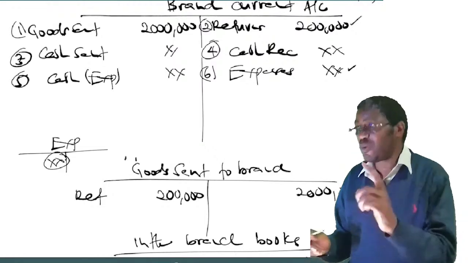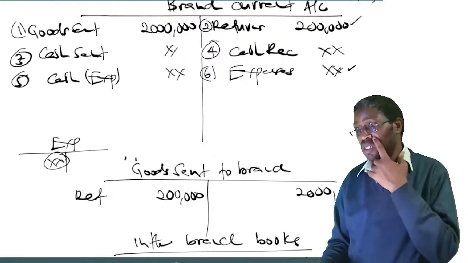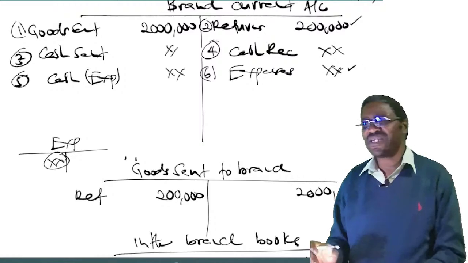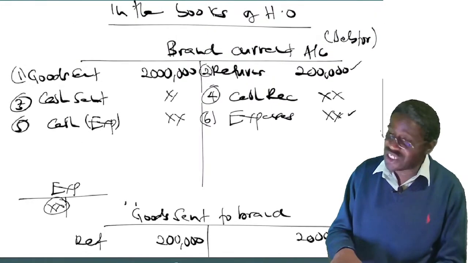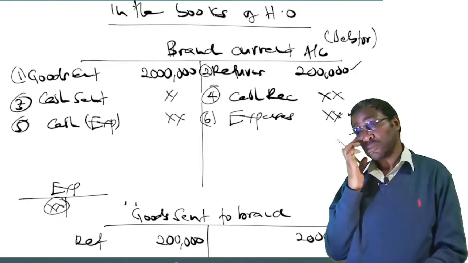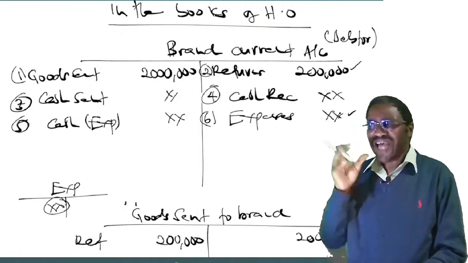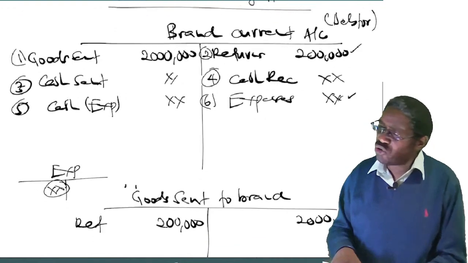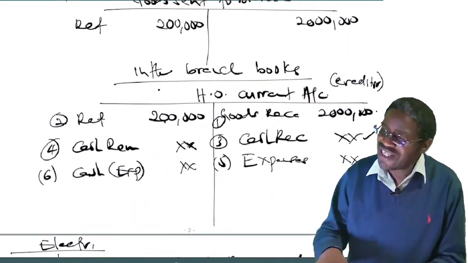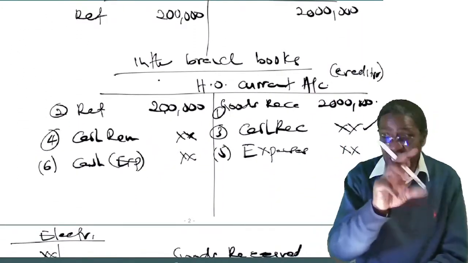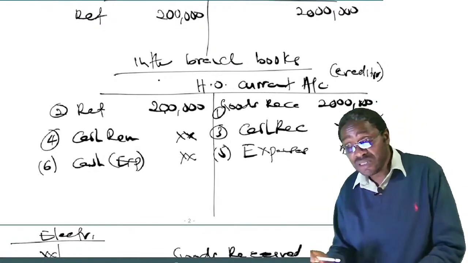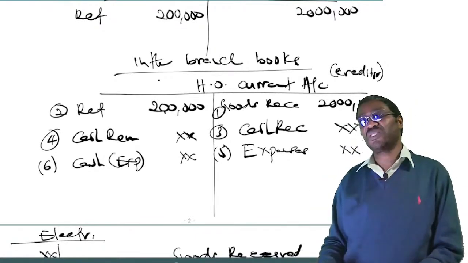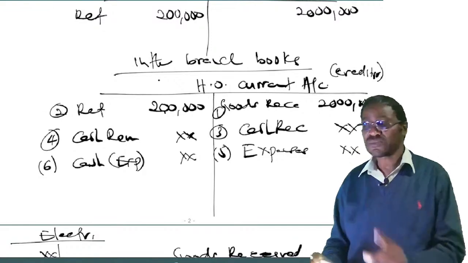And the relationship I hope you have noted is this: every time I debit the branch current account, that which I'm debiting there has been credited in the head office current account. I hope you have noted that.